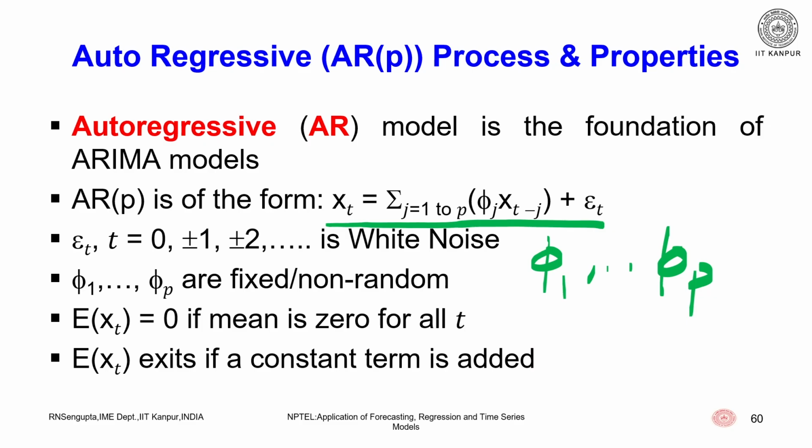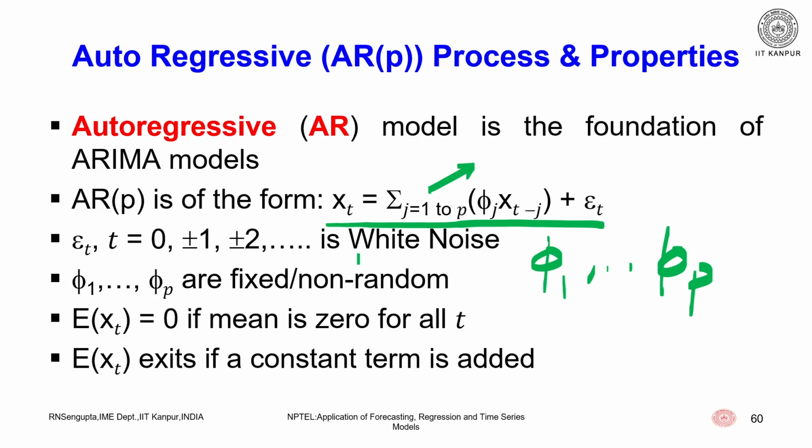If you see this summation, considering p is the parameter, the auto-regressive model is modeled based on p time periods. So, you will have phi 1 into x t minus 1, that means just the last time period. Then you will have phi 2 into x t minus 2, next to next in the past, not in the future, and you sum them up plus an error term, which is the white noise.